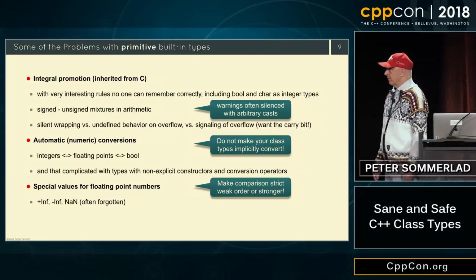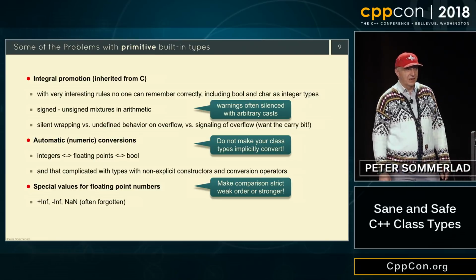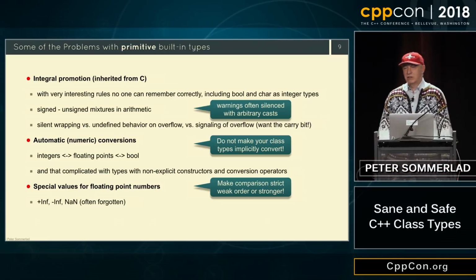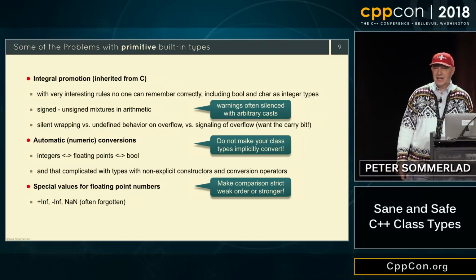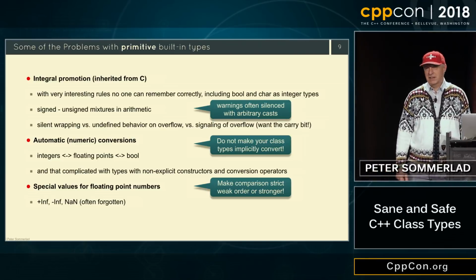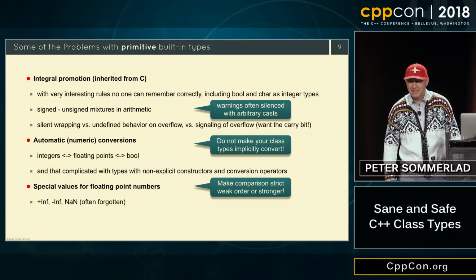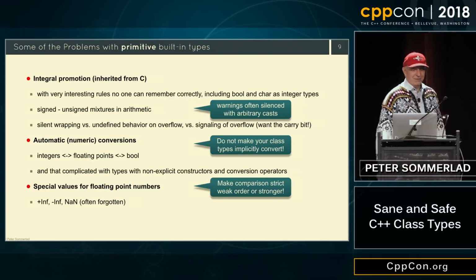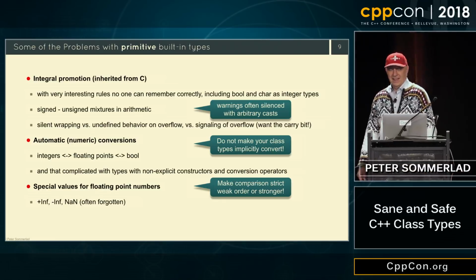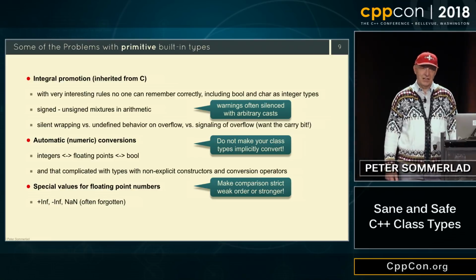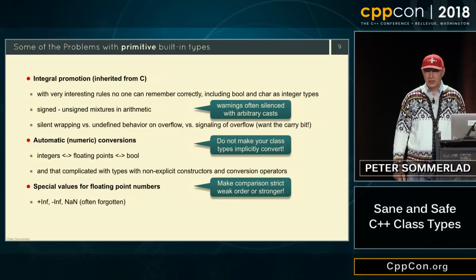So there are some problems with primitive types that put them into the hard hat, very dangerous quadrant. Integral promotion. Who can claim to know all the tricky rules of integral promotion by heart and follows them in every line of code they write? I don't see any hands. Me neither, because it's really intricate. And sometimes you get interesting warnings by the compiler, and we learned yesterday, you should better listen to your compiler.